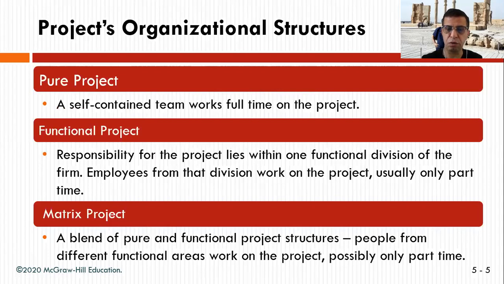But in the functional project, you would find people from different functional sectors involved in it. In the matrix project, people from different departments are involved, one department involved in different projects.